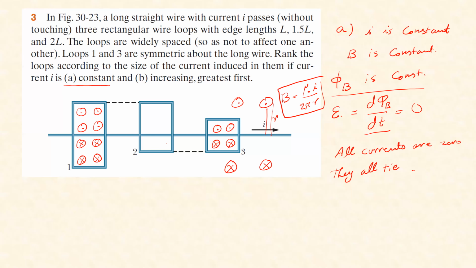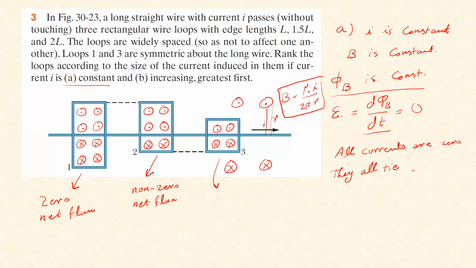But for this one, there's a smaller amount of flux going in than going out. So there's a net, non-zero flux here. Here is 0 net flux.